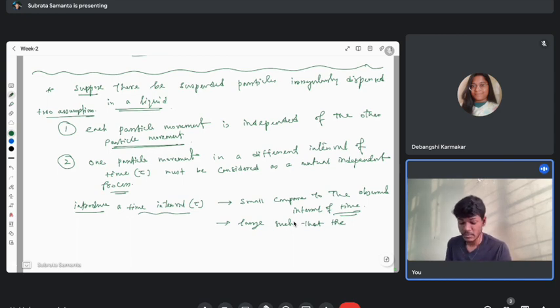Otherwise they are somehow related, which is why we are not considering it too small.